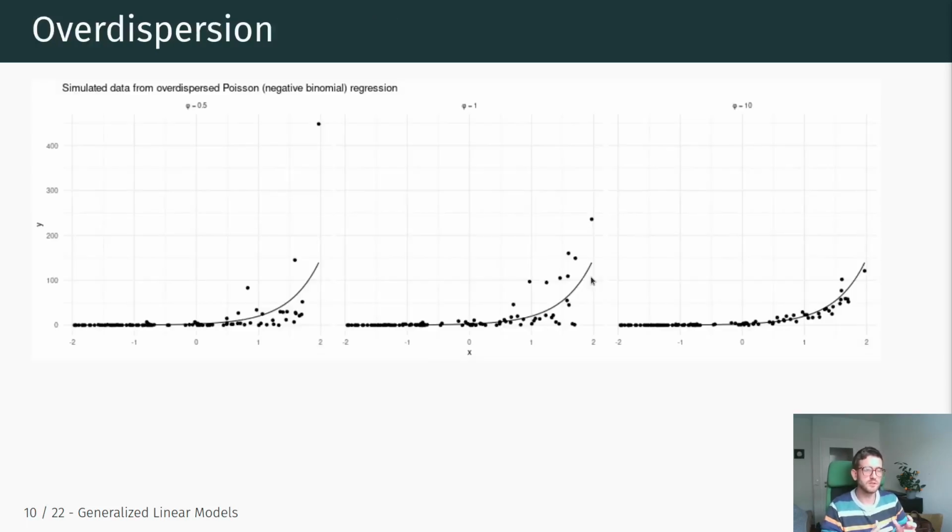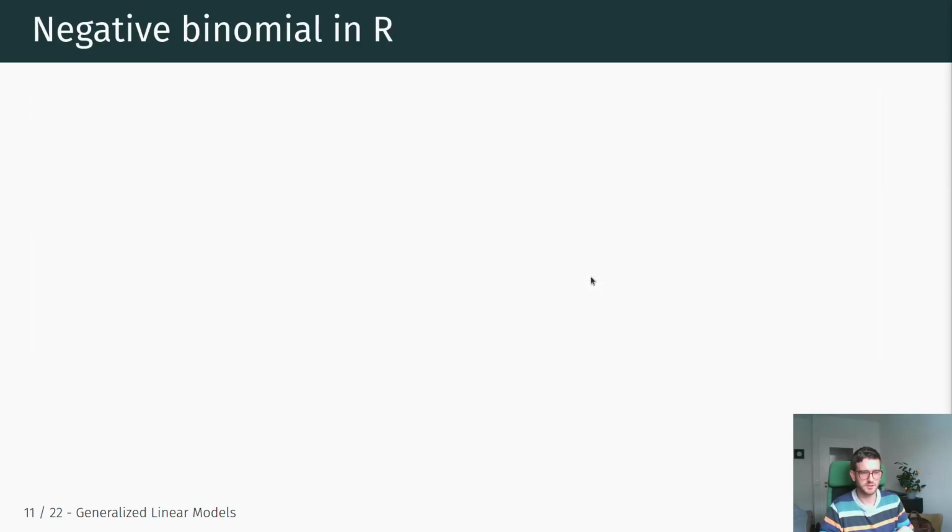All that the negative binomial regression then does is introduce an additional parameter for potential overdispersion. So we're estimating the variation separately from the expectation. We're relaxing this assumption of the expectation being equal to the variance in the Poisson distribution.